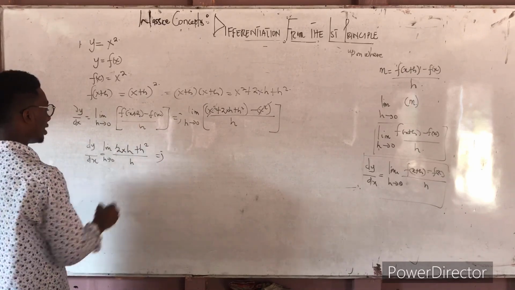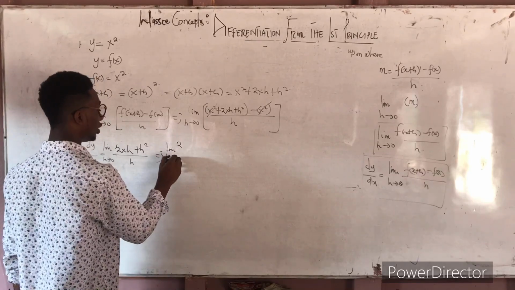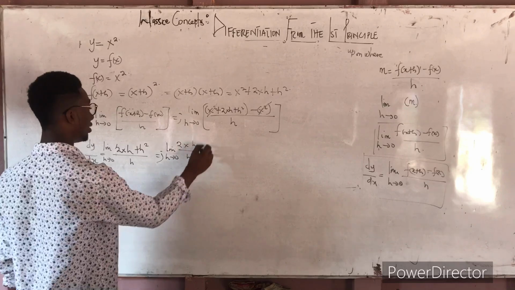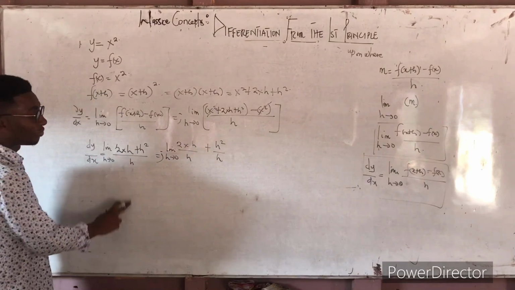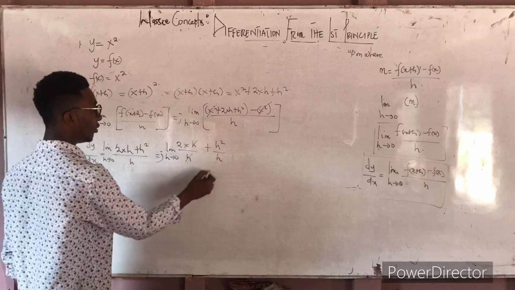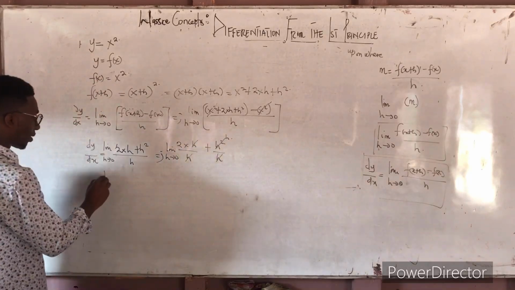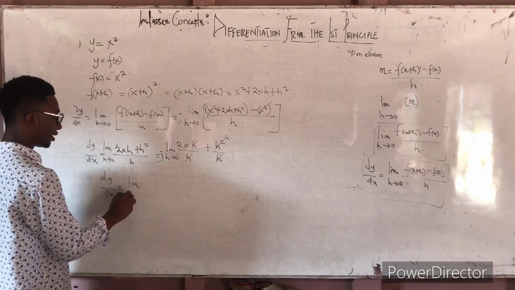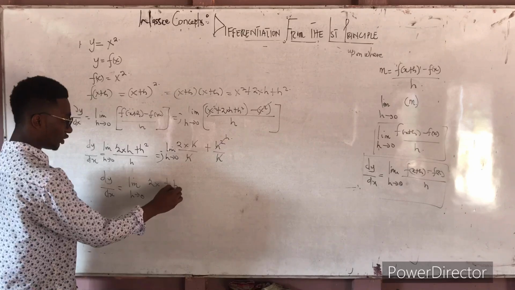So therefore, the dy dx now becomes the limit as h approaches 0 of 2xh divided by h plus h squared over h. So you divide each term by the denominator. So h, you take one of this h away, leaving the last h, which will give us dy dx equal to the limit as h approaches 0 of 2x plus h.